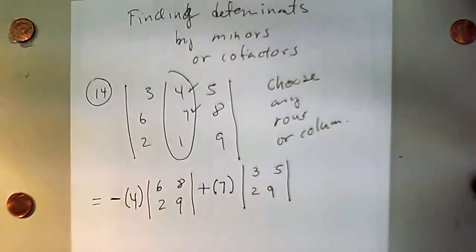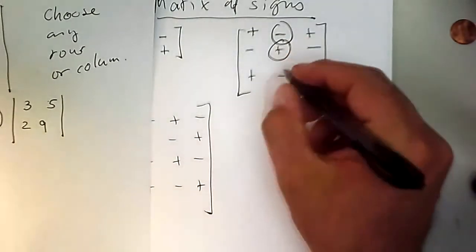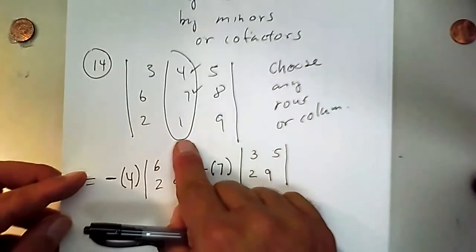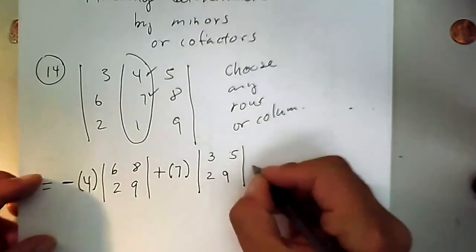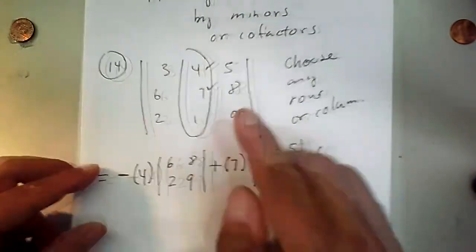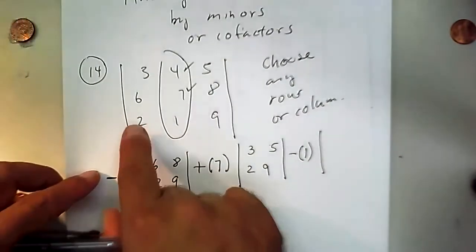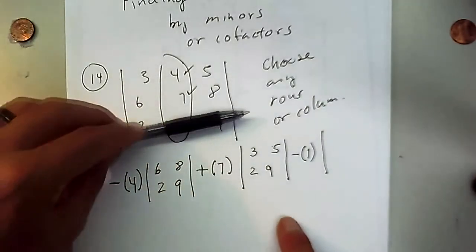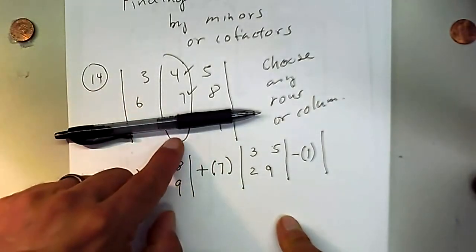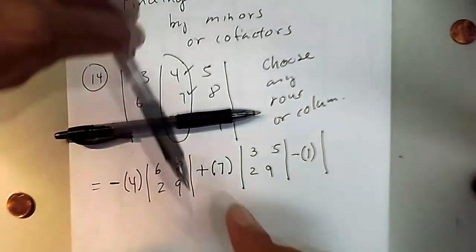So the 7 is done. Move down to the 1. The position of this element has a minus, so we do minus the number, whatever it is, times the determinant found by crossing off the row of the 1 and the column of the 1.